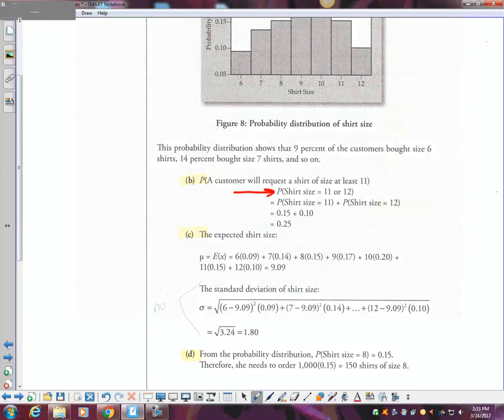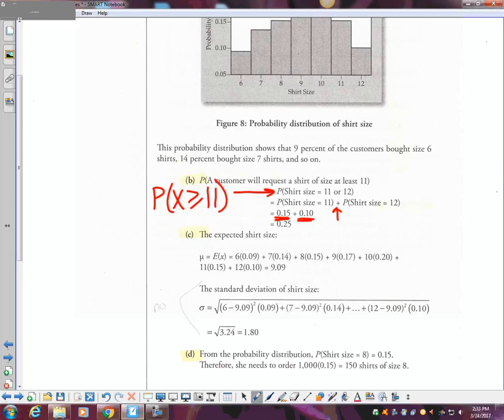Number 1, state what you're looking for. I want a shirt size of an 11 or 12, and you're welcome to do that like that. Well, that is the probability of a shirt size 11 plus the probability of a shirt size of 12. And then I would even show, make sure you can show where those numbers come from, and then just add them together.